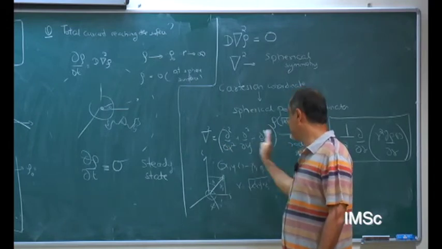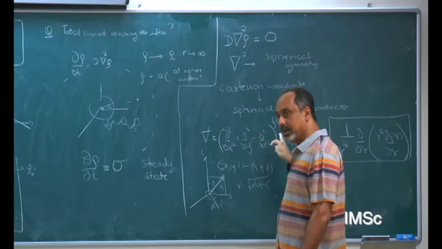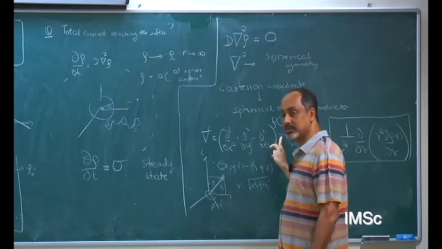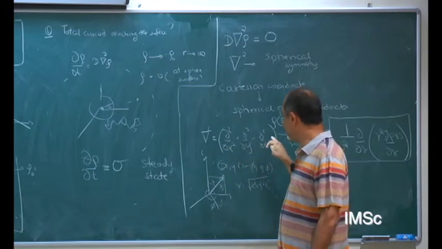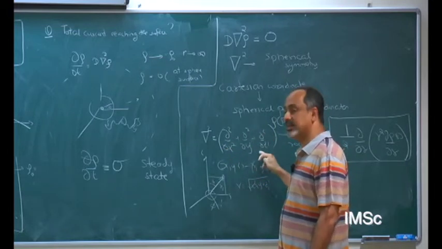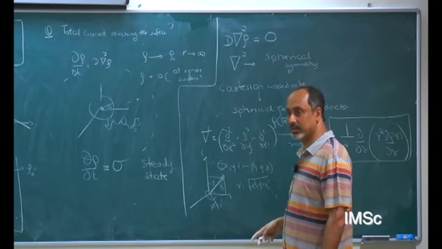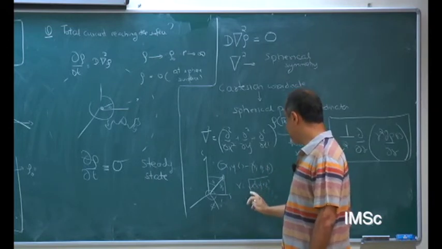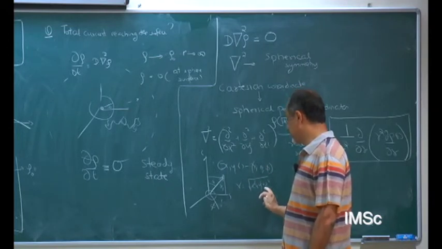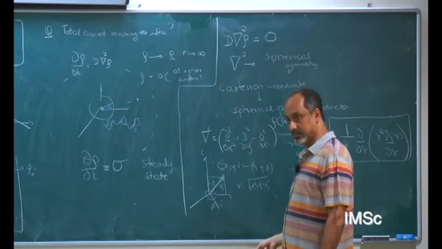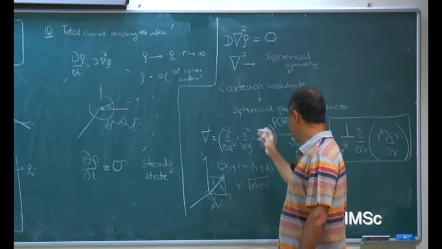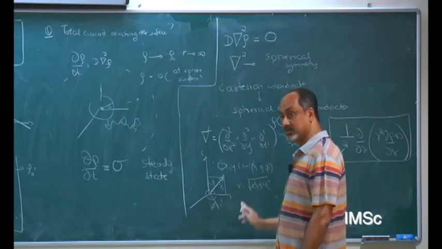In general I can operate it on any function, but I want to look for some simpler types of functions for which I don't need to use this full complicated operator. Those are functions not of x, y and z separately in some complicated way, but a function only of the quantity square root of x² plus y² plus z², which is the radius.